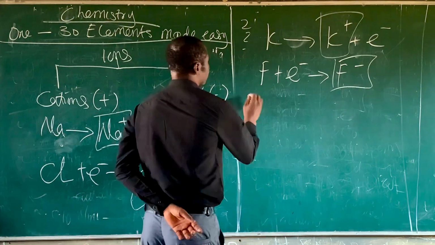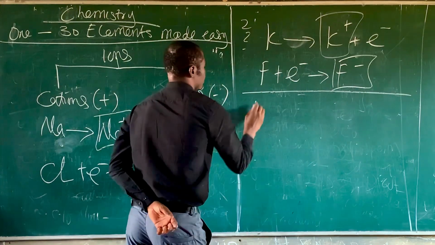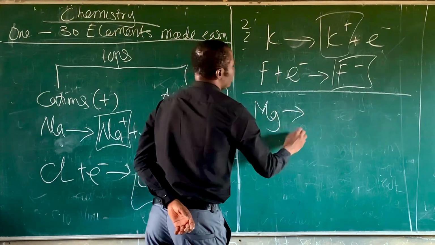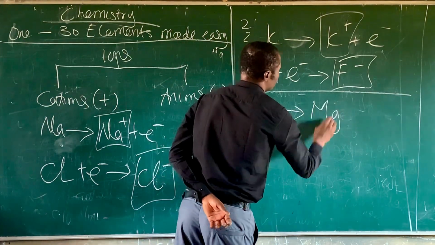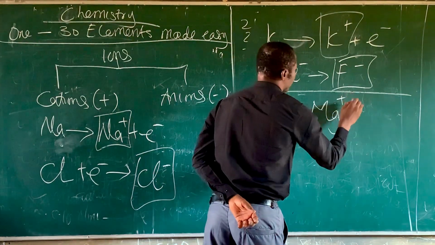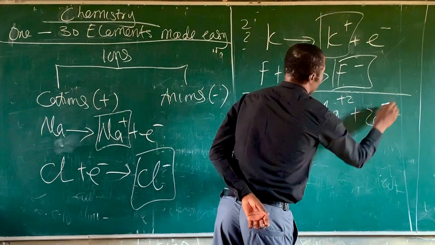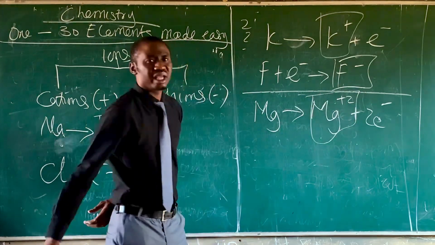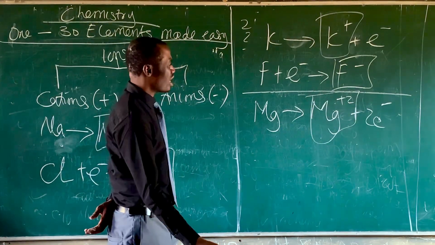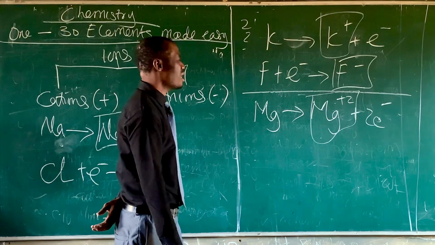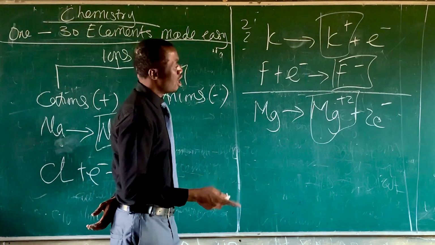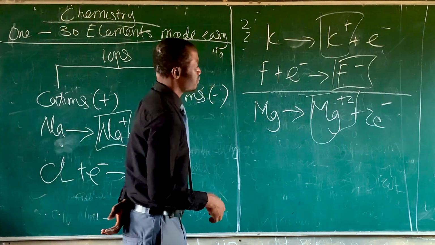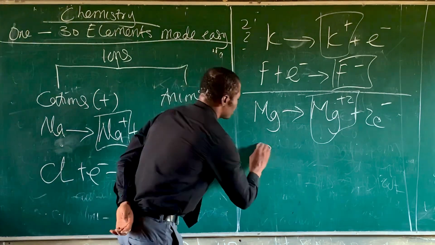Then we have another one, magnesium. Magnesium can give out 2 electrons and becomes magnesium ion, which is a cation. Now we can look for other non-metals to receive the electron. Let's go with sulfur.